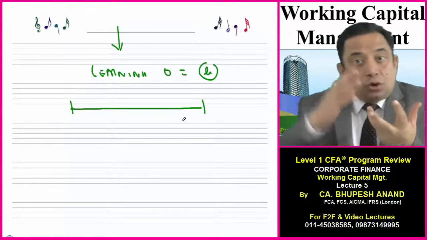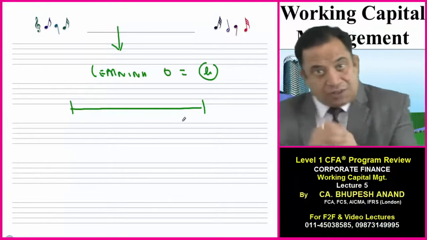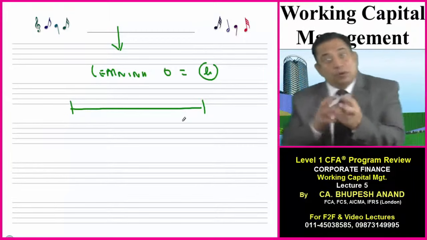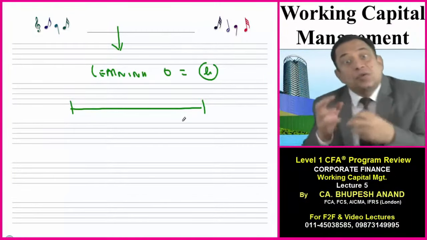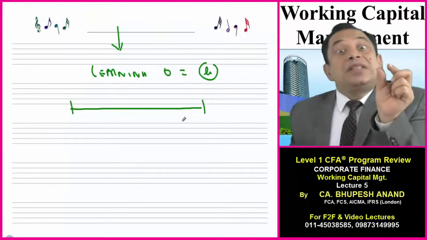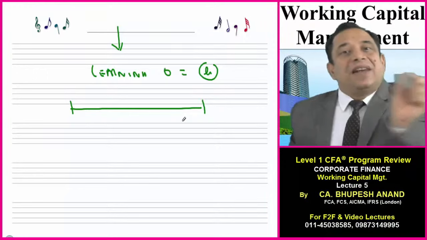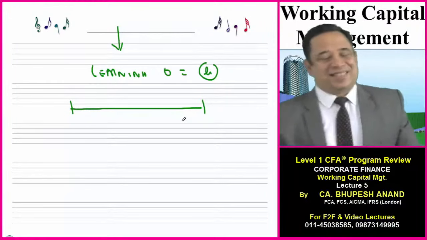I told you we can calculate the current ratio, quick ratio, and cash ratio, and then debtors turnover and inventory turnover ratio, or how many days of stock we have.